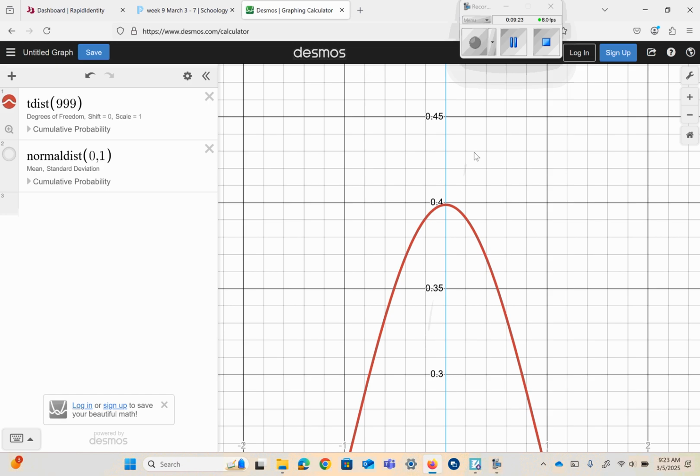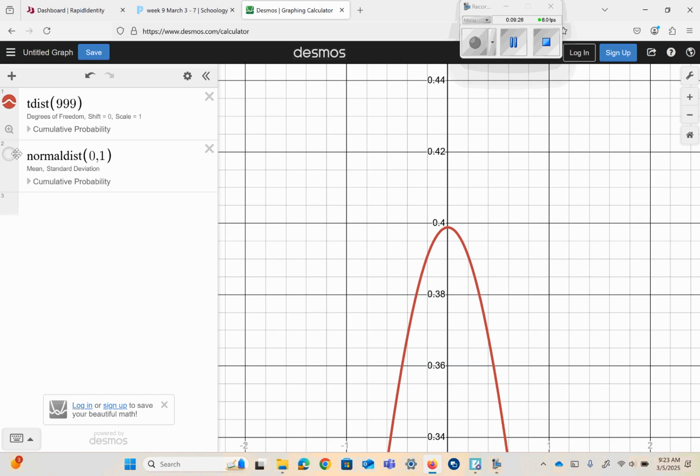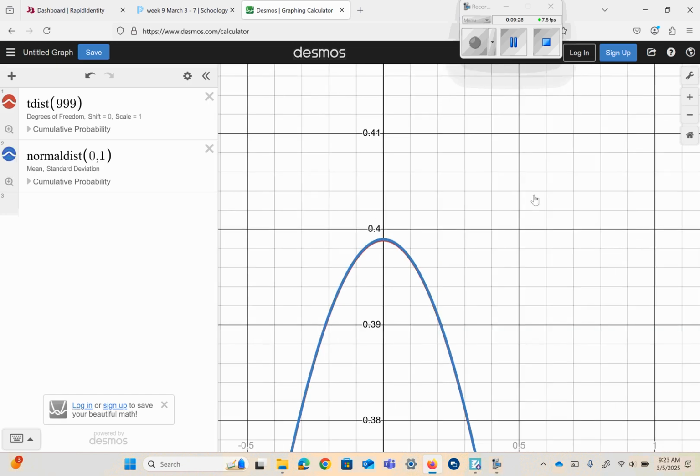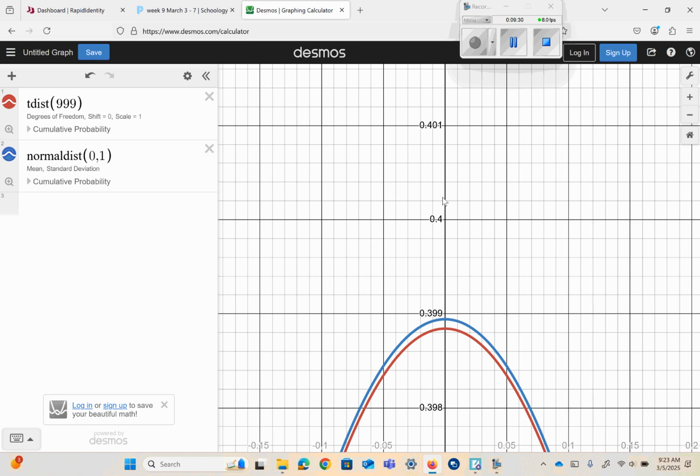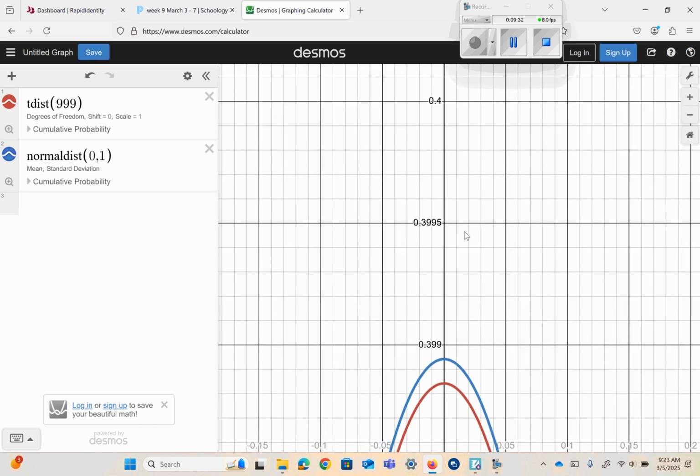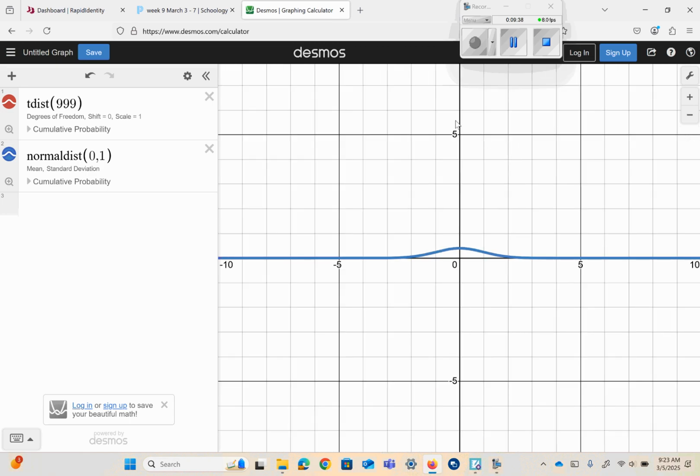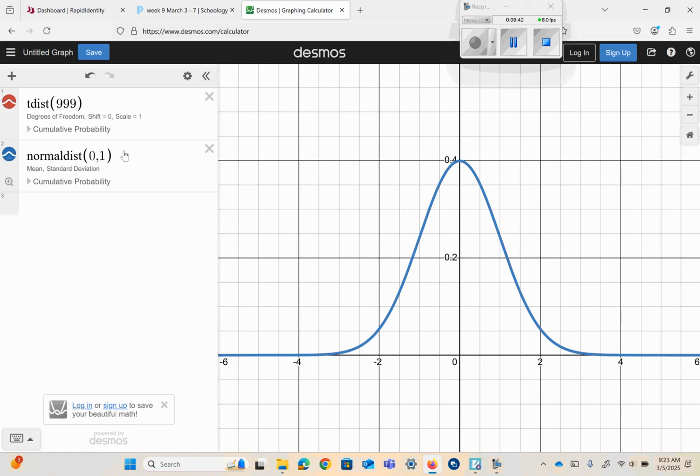The only way you could tell them apart is if we zoom in like a jillion times. Oh, look, it's still off a little bit. So we didn't really have to do that. I just wanted to show that it could be close, but then if we zoom in 100 jillion times, we realize it goes back.